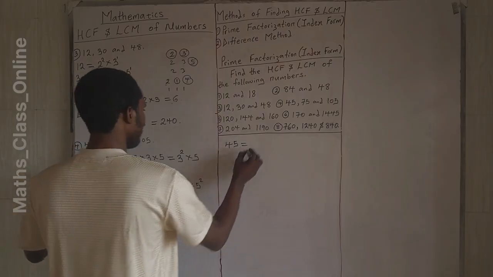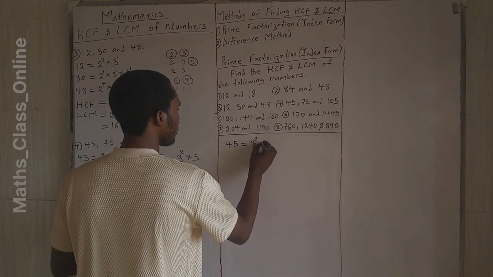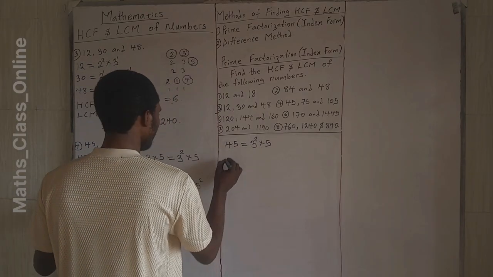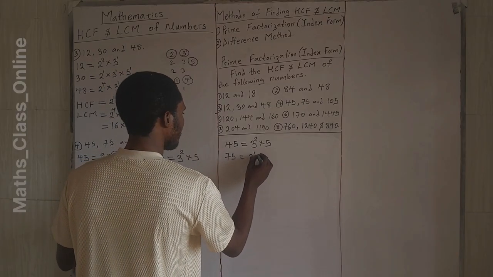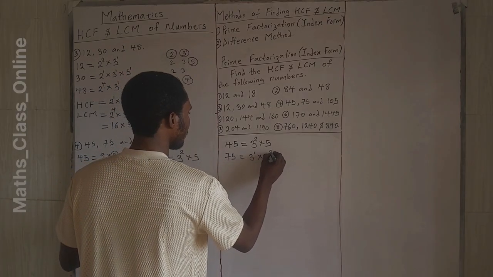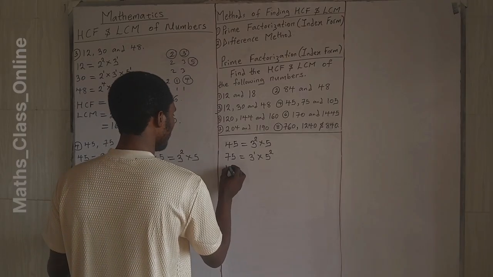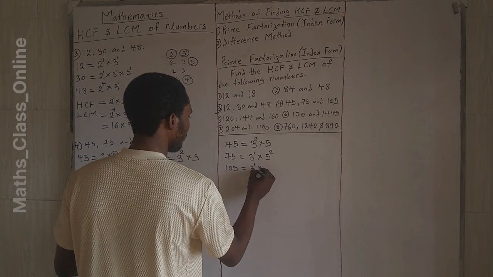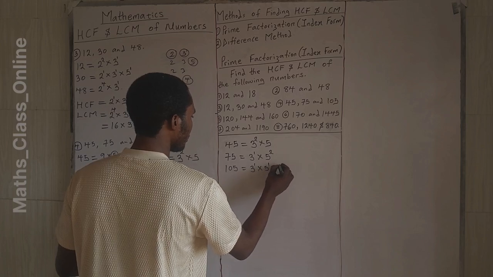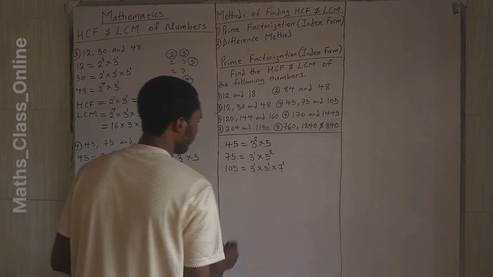Is equals to 3 raised to the power of 2 times 5. 75 is 3 raised to the power of 1 times 5 raised to the power of 2. 105, we have 3 raised to the power of 1 times 5 raised to the power of 1 times 7 raised to the power of 1.